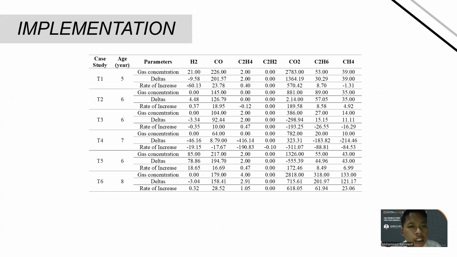For the implementation, we use six case studies of different transformers, and those are transformers with their own parameters, including the age of the transformer and the gas concentration of each transformer.